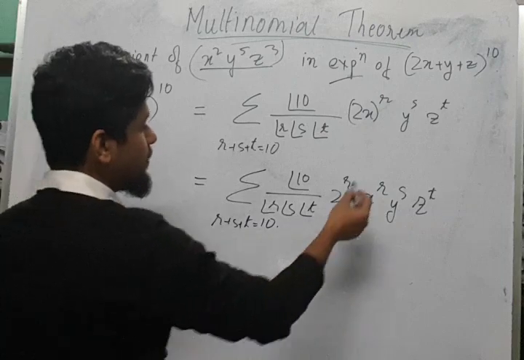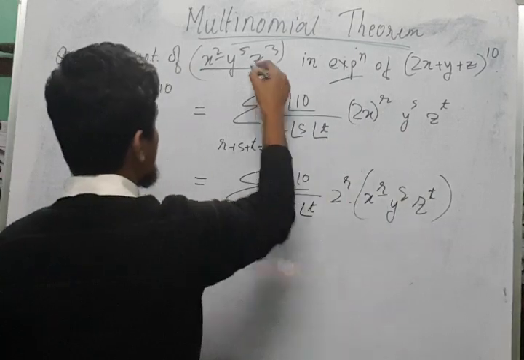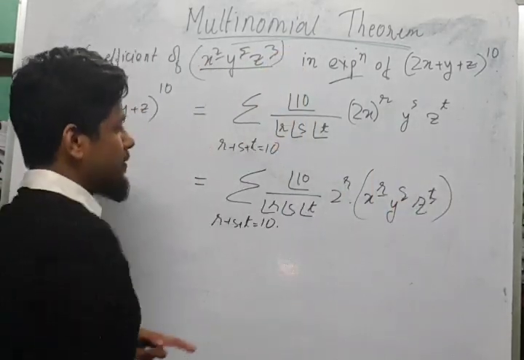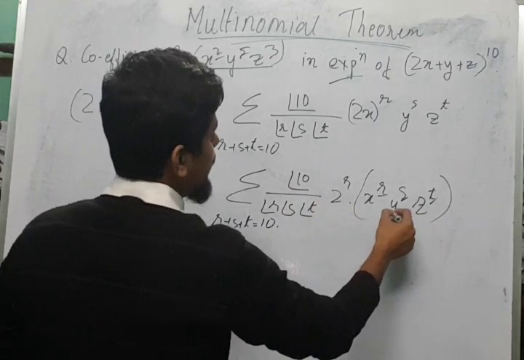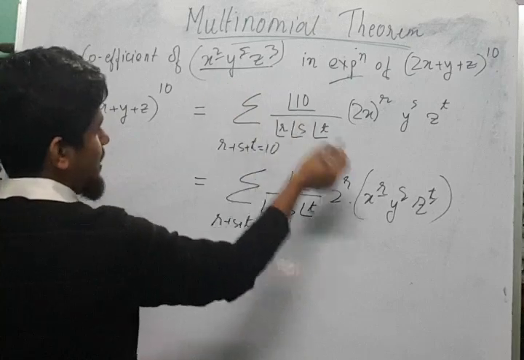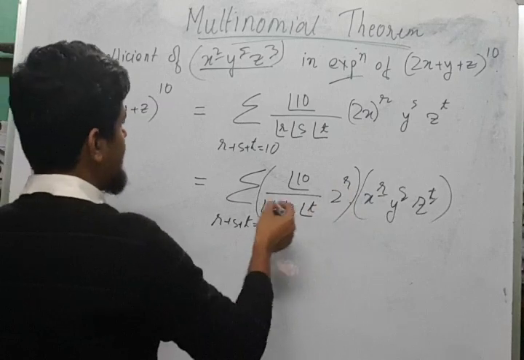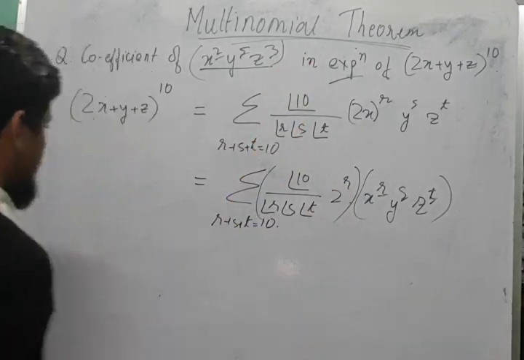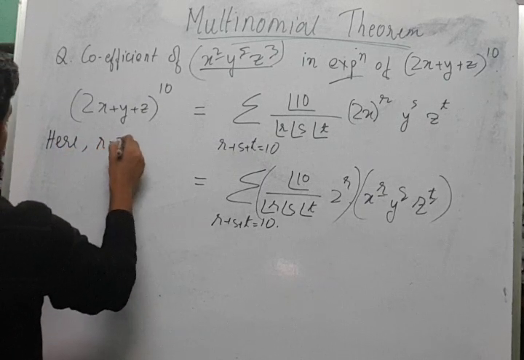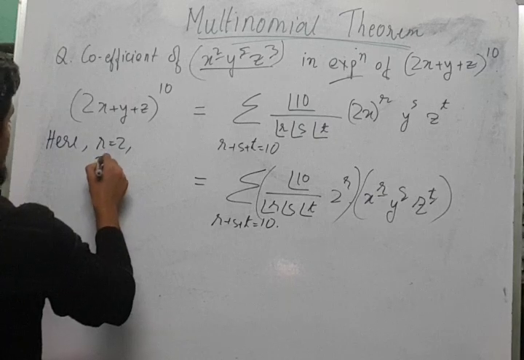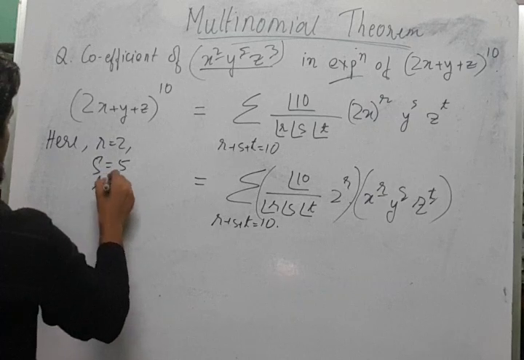As you can see, if we put r equal to 2, s equal to 5, and t equal to 3, then we get the coefficient of x square, y5 and z cube. So here, r is equal to 2, s is equal to 5, and t is equal to 3.